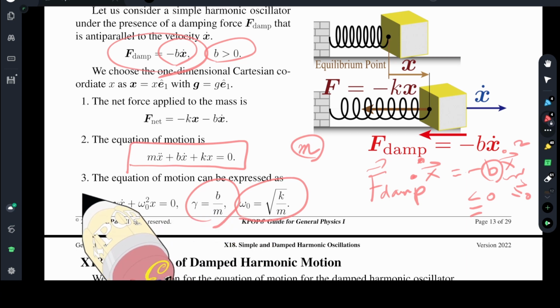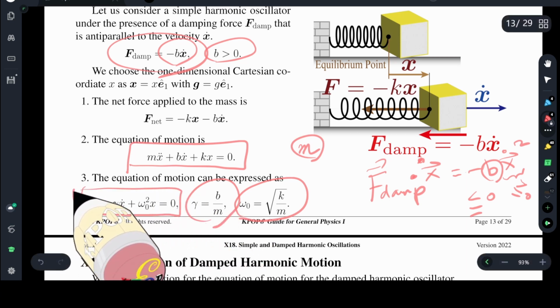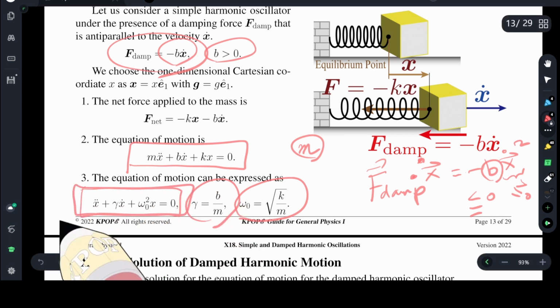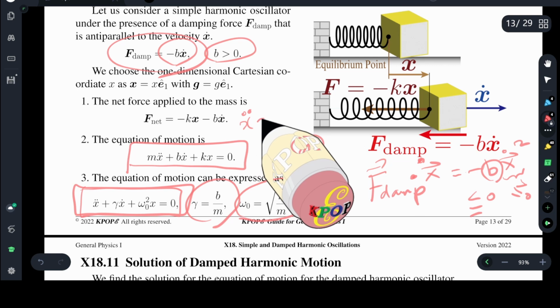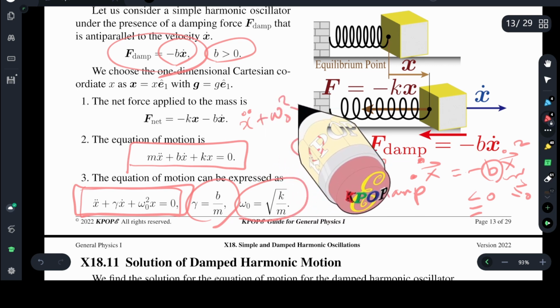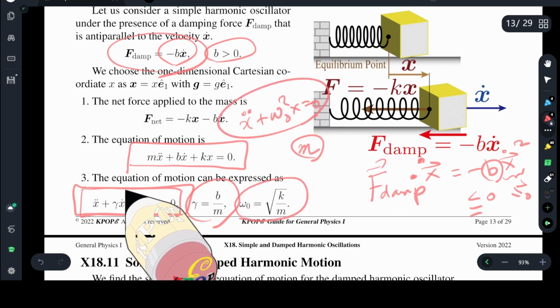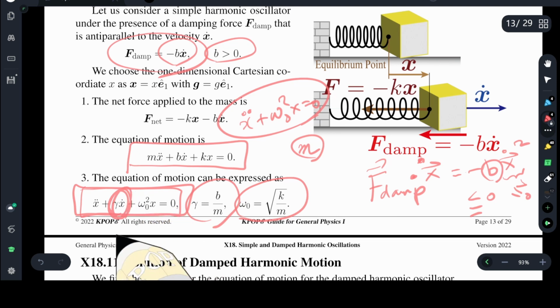This is gamma. So what we are going to do is find the solution for this. Unfortunately, the solution for our previous simple harmonic oscillator does not work in this case because of the presence of this first order derivative term.